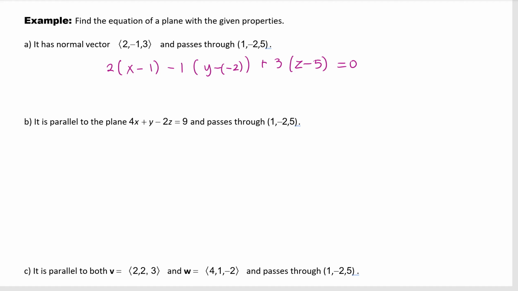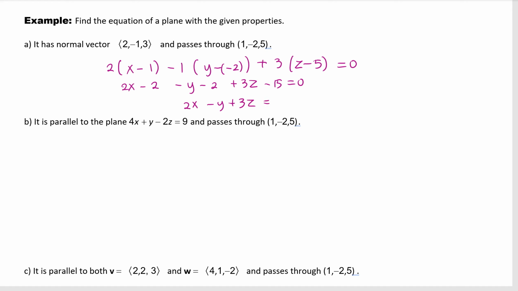Let's continue. Distribute: 2x, this is minus y, and it becomes plus 2, but there's a negative in front, so minus 2. And here we have 3z minus 15. Please move all the constants to the right-hand side.